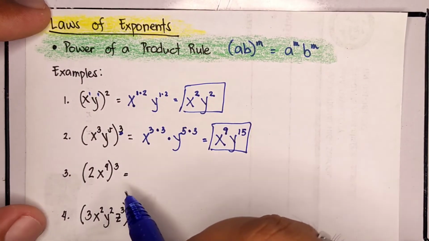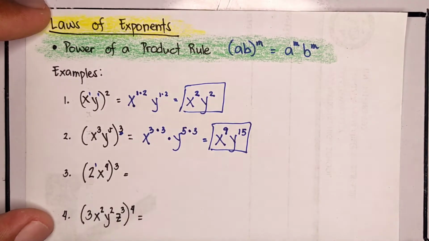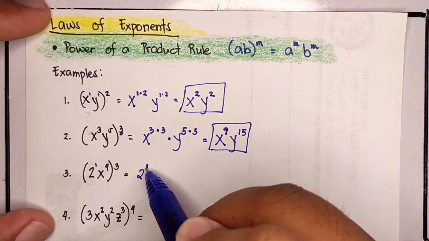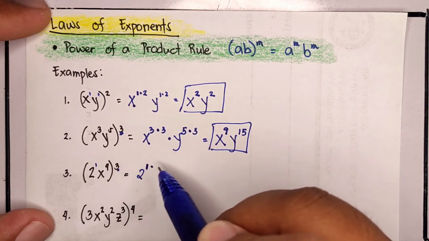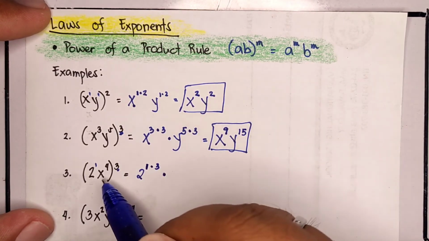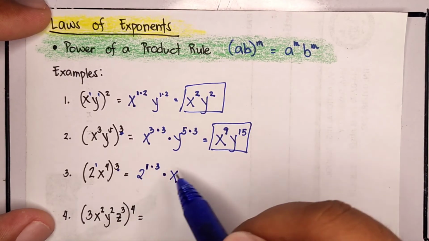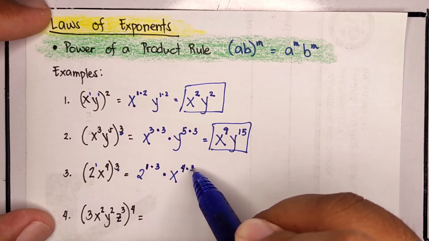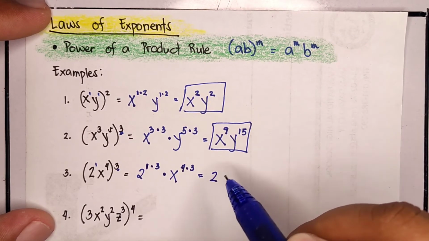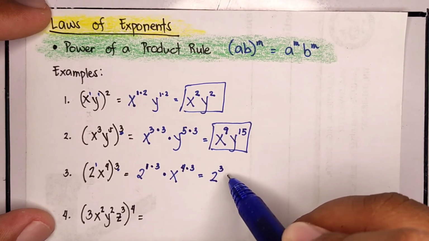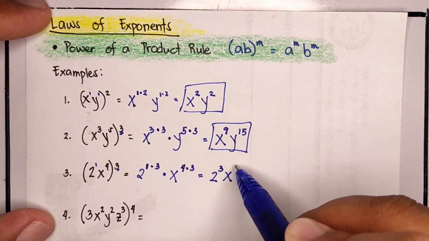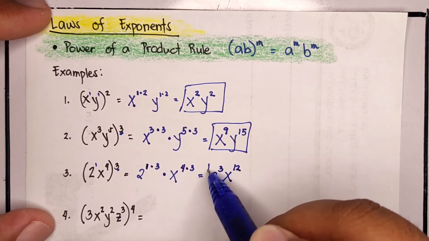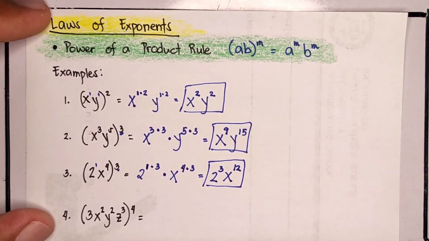Okay, next, we have here 2, with an exponent of 1. 1 times 3, multiplied by x, then 4 times 3. Then you will have 2 raised to the power of 3, then x raised to the power of 12. Okay, that's it. Then another one, we have here 3. The exponent here is 1, 1 times 4.